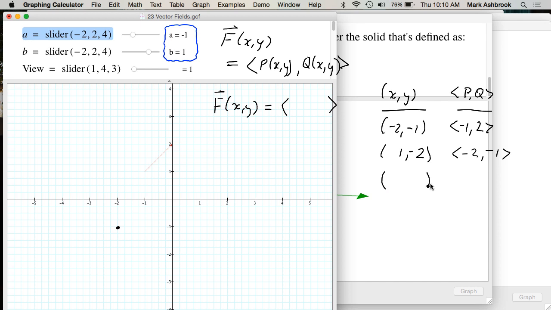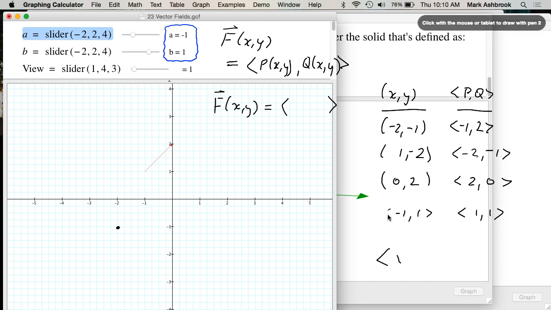Next point I gave you was (0, 2). Vector was (2, 0). This last one is (-1, 1). Vector is (1, 1). Therefore, sorry, this is a location, not a vector. Sorry.